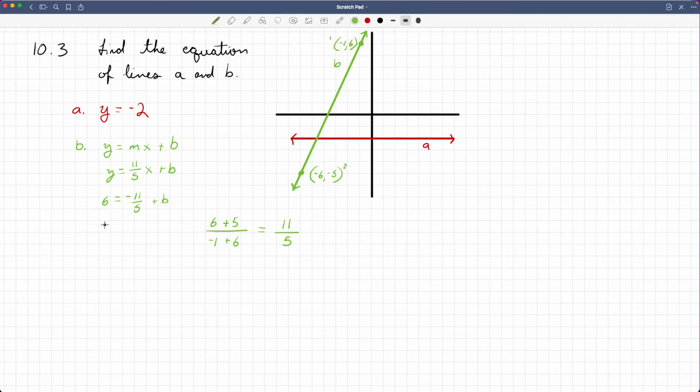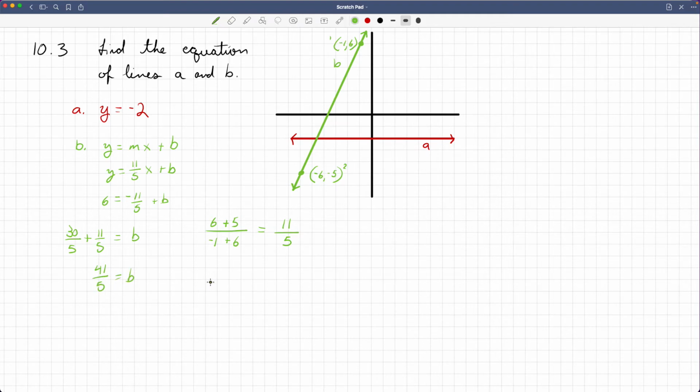And I am going to add 11 over 5 to both sides, but first I'm going to convert this into a fraction. So 5 times 6 is 30, so 30 over 5 plus 11 over 5 is equal to b. So 41 over 5 is my b.